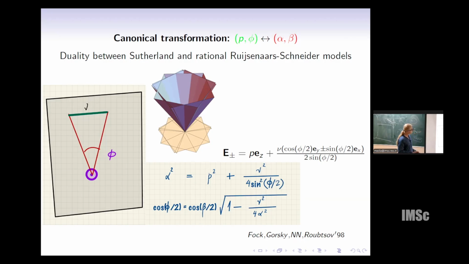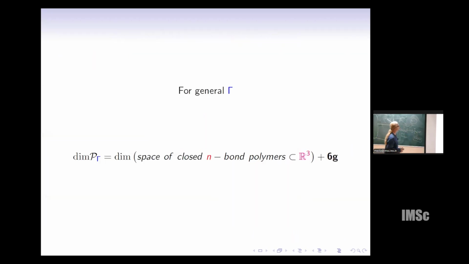Look at this function of alpha and beta. Alpha and beta are canonically conjugate, but now if I quantize beta as d by d alpha, this Hamiltonian becomes a difference operator, and this difference operator is the recursion relation. So this is the beginning of some kind of duality story.